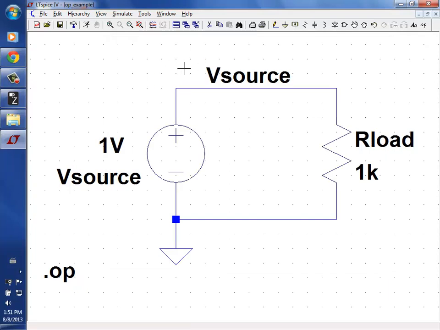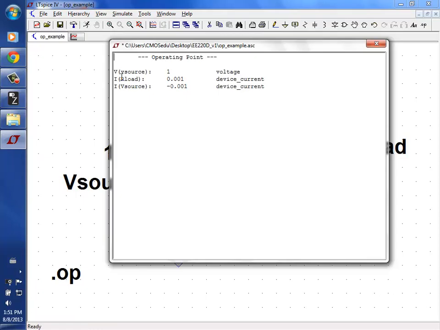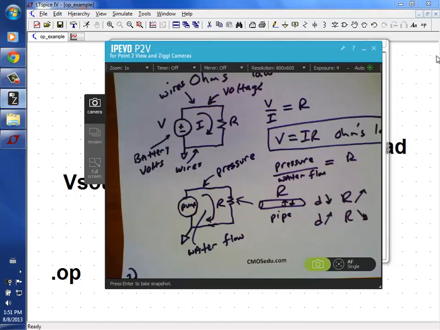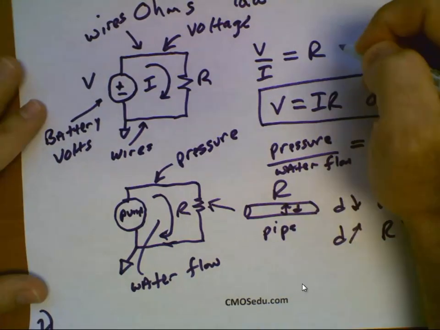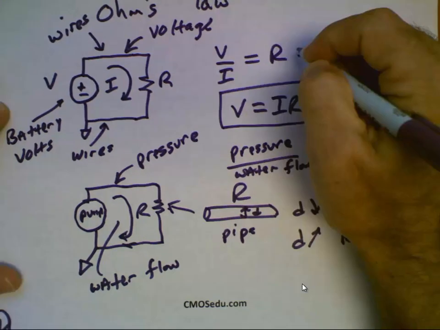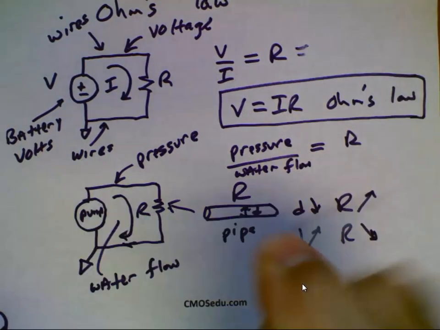is 1 volt. Now without rerunning the sim, I can just go plot the visible traces. The current through the load is 0.001. Well, let's verify that. Let's change colors.